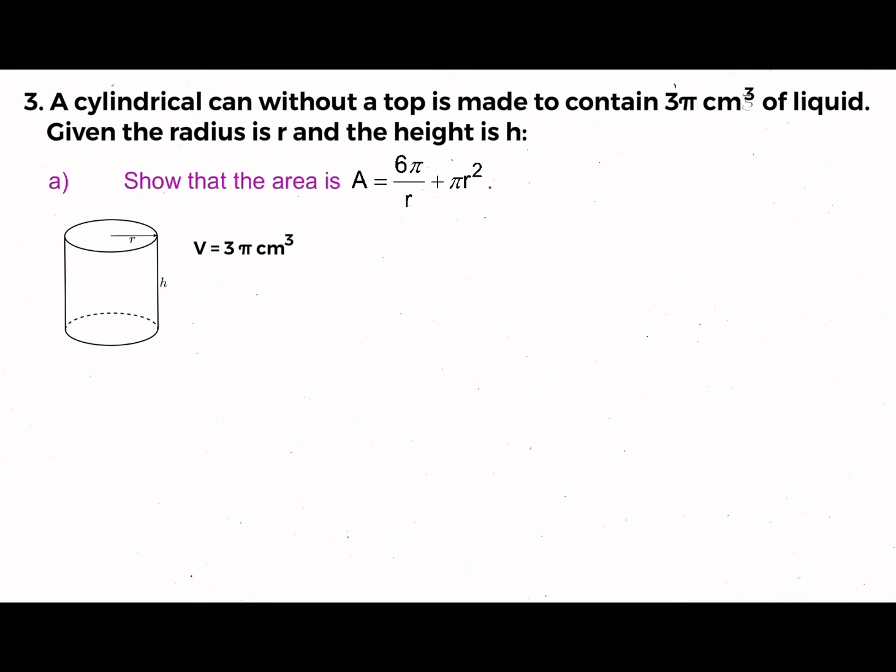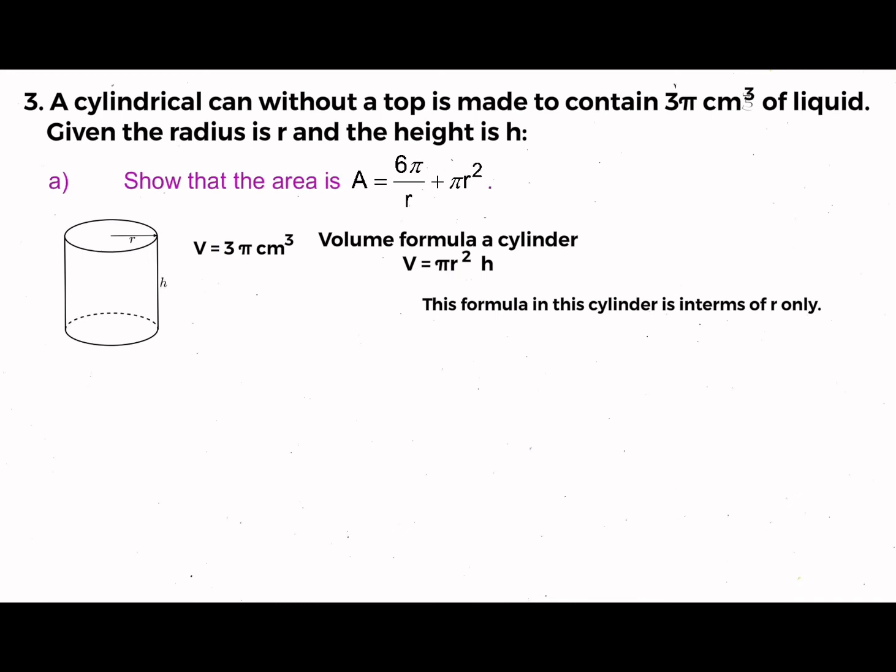As we know, the formula for volume of a cylinder is volume equals pi r square multiplied by height h. If we look at question 3a, we can see that the formula is in terms of r only. So what we need to do is manipulate h in terms of r. We are going to apply proportion.